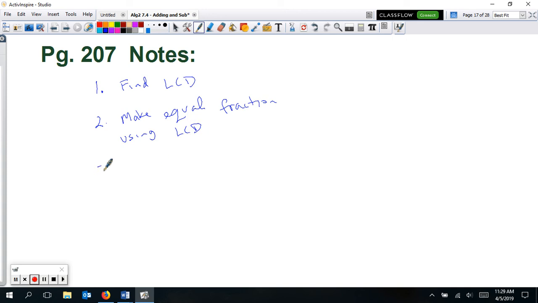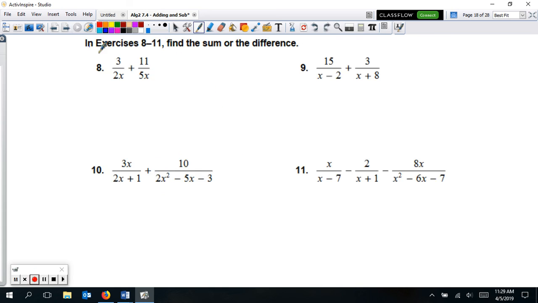And then number 3 would just be, again, add or subtract our numerators. And you're only adding and subtracting numerators, not the denominators. So just make sure you put those 3 steps down there so we know as we're going through these next few problems, this is what we're going to go off of. Okay, so let's go ahead and start with number 8.